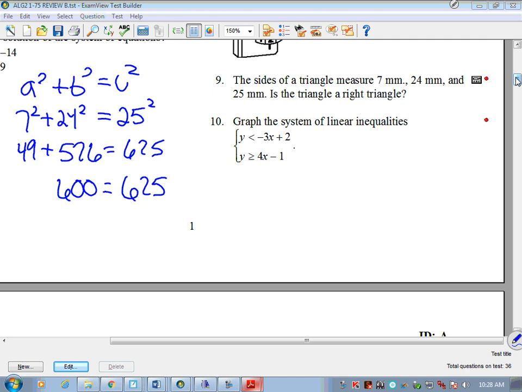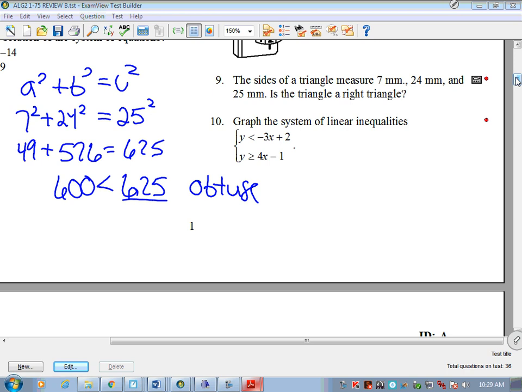No. All right. Okay, so everything is in relation to the hypotenuse. So if the hypotenuse is bigger than the sum of the other two sides squared, then it is obtuse.